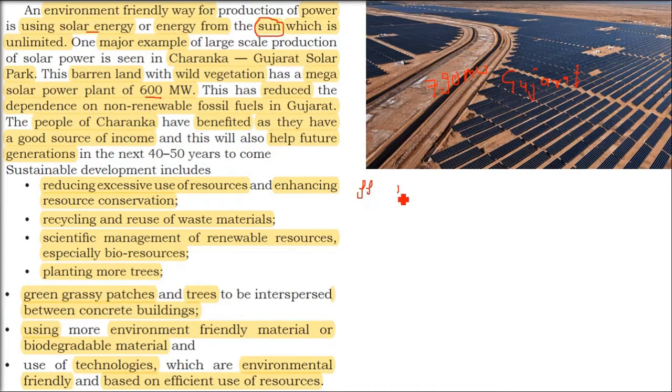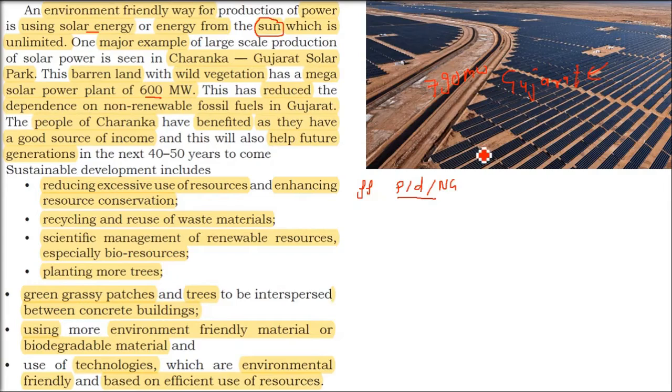So what happened with this? The dependence on fossil fuels like petroleum, diesel and natural gas has decreased in Gujarat, because we are not using these, which produce all the harmful content for the environment. So now solar energy is as clean as you can think.